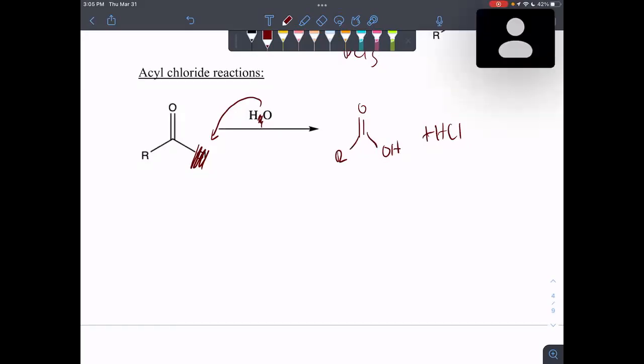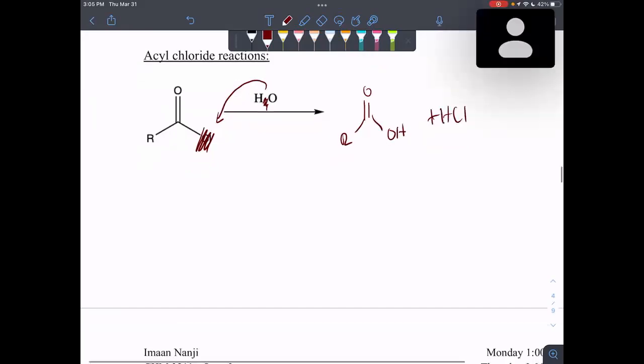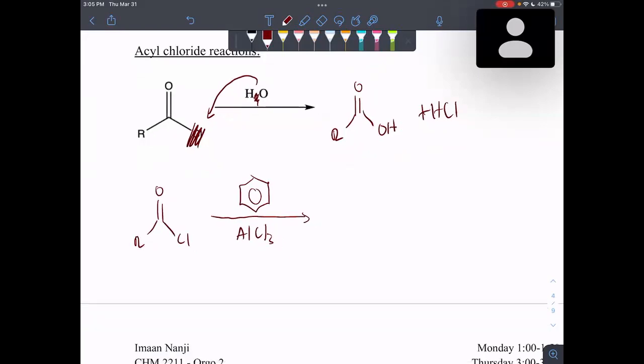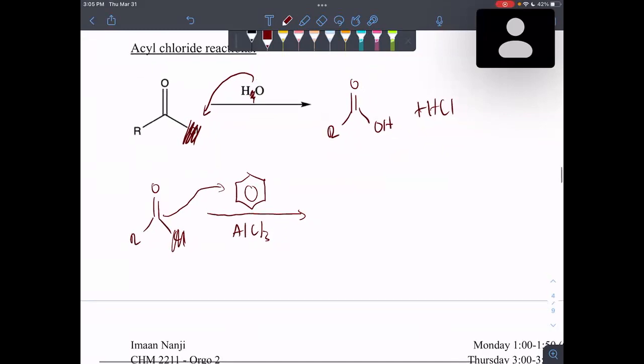With Friedel-Crafts acylation, you start with an acyl chloride, and then you have a Lewis acid catalyst, and any benzene that has an activator, or just a plain benzene. This way you can go from an acyl chloride to a ketone. Remember, you just cut off the chlorine and then attach the acyl group somewhere on the benzene, wherever your directing effects are. So then you just get a ketone with a phenyl on one side.